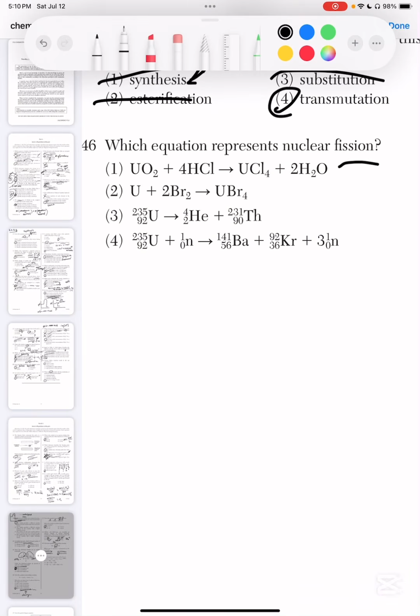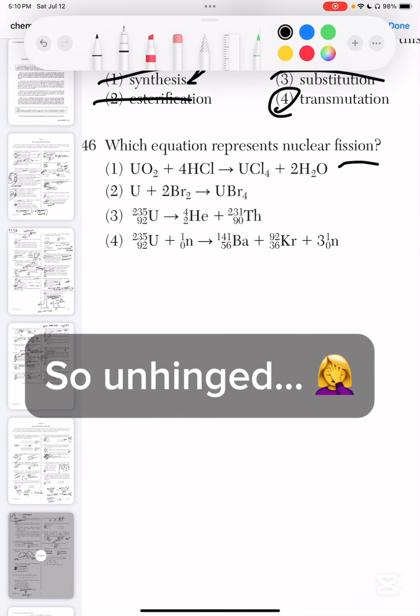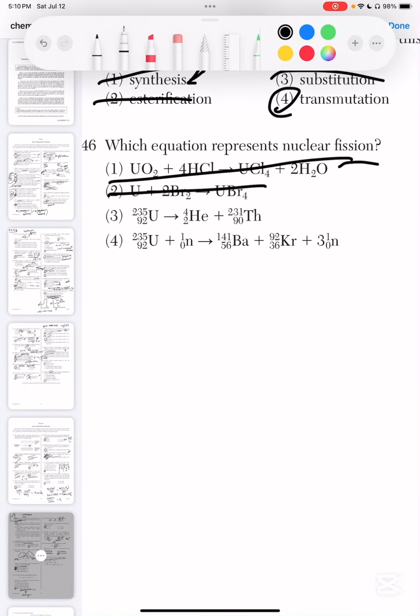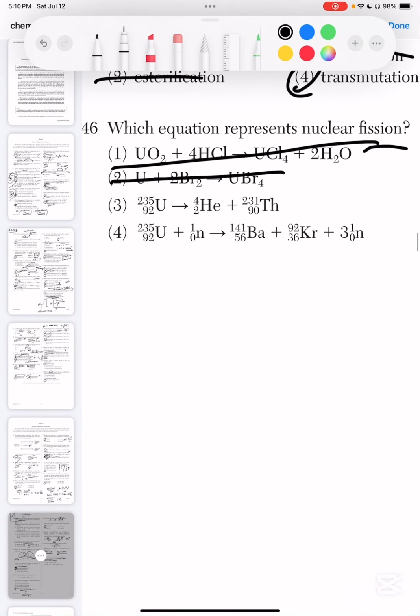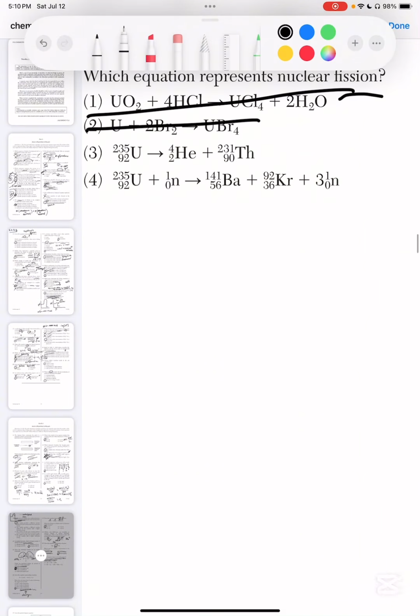So fission means one big thing breaking into smaller things, because it's fizzing. It's like fizzing away, like when the bubbles in your soda fizz away. But anyways, it's not this because those are just normal reactions.